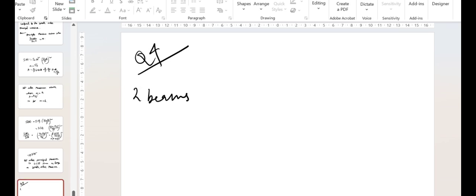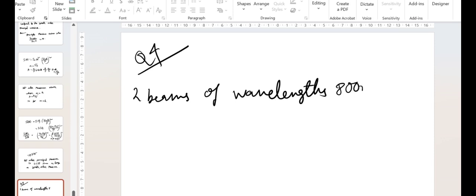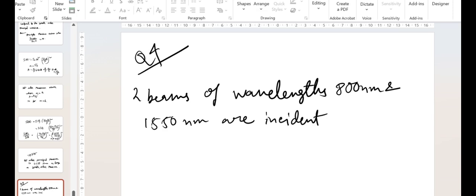Two beams of wavelengths 800 nanometer and 1550 nanometer are incident on the same narrow slit. Which has the smaller Fresnel region?